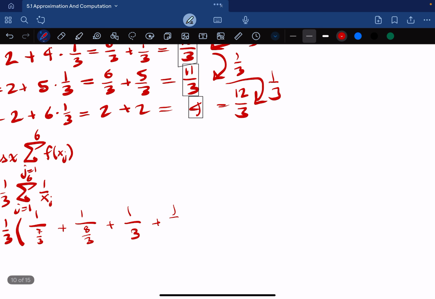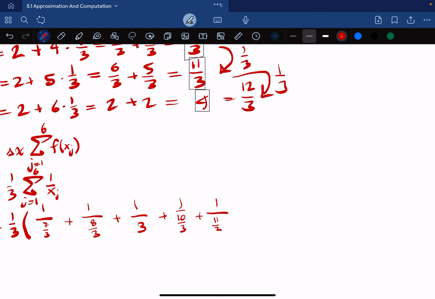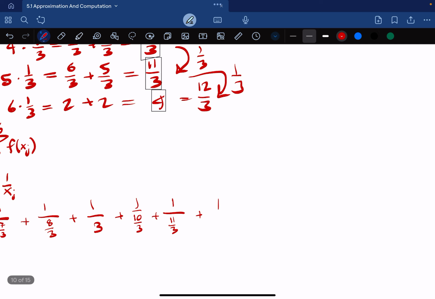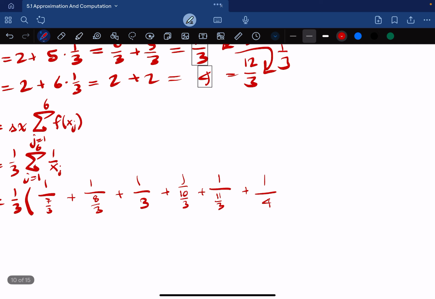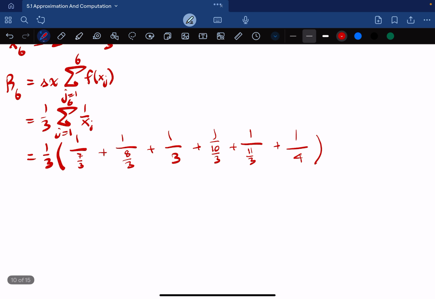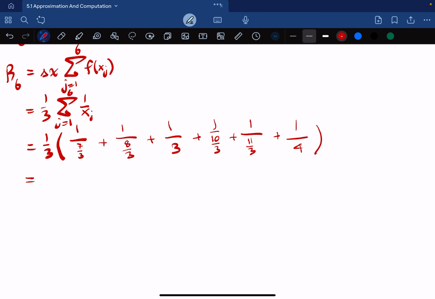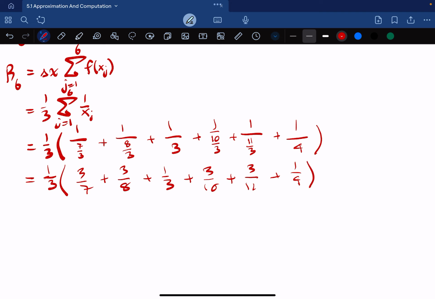Plus 1 over x of 4, which is 10 over 3. Plus 1 over x of 5, so 11 over 3. Plus 1 over x of 6, which is just 4. Now, if we make this look all nice, you end up with 3 over 7 plus 3 over 8 plus 1 over 3 plus 3 over 10 plus 3 over 11 plus 1 over 4.